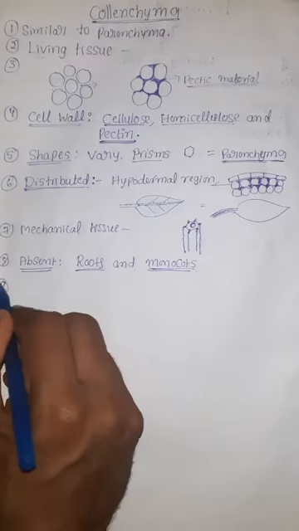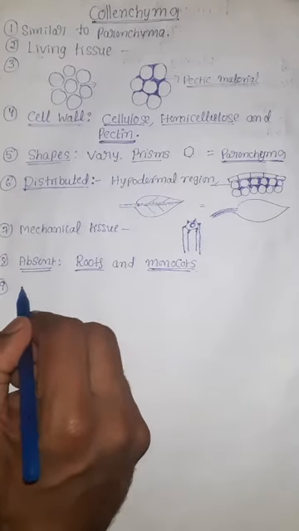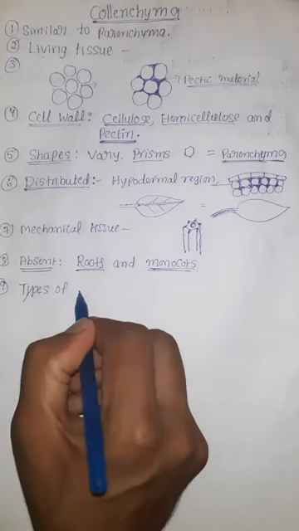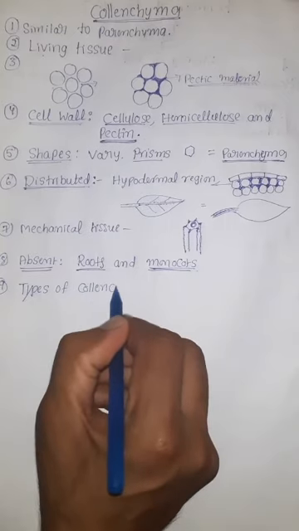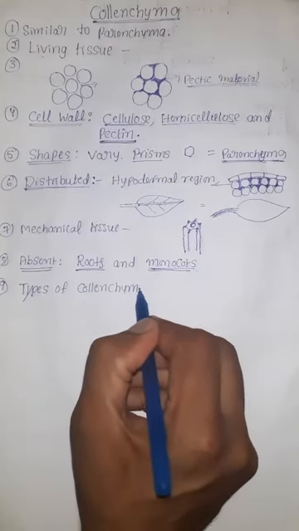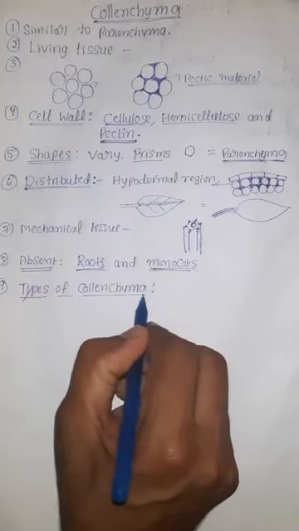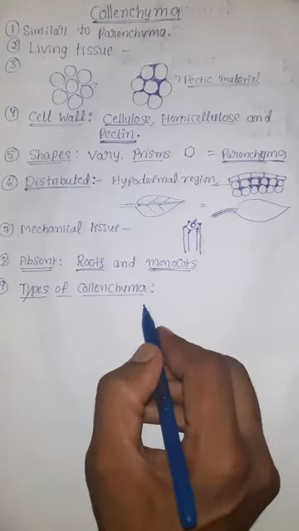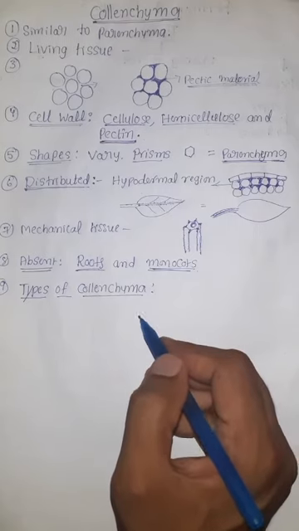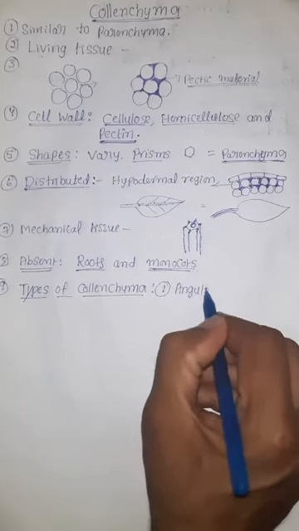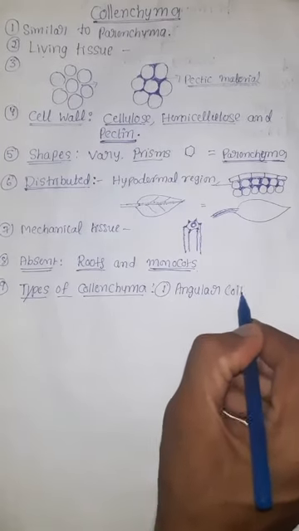And next, types of collenchyma. In collenchyma also there are different types. Now we will see them one by one. The first one is angular collenchyma.